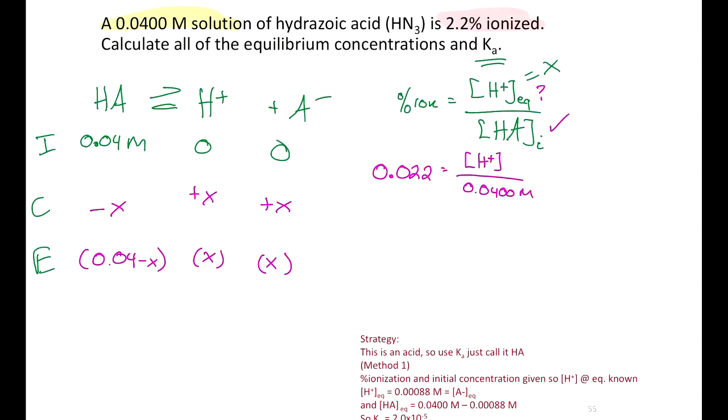So that 2.2% ionization means 2.2% of that 0.04 molarity gets ionized into H+. And so we're going to calculate, okay, how much H+ is actually produced at equilibrium. And that's going to be our X value. So H+ at equilibrium, which is also equal to X, equals something like 0.00088 molarity. Right?